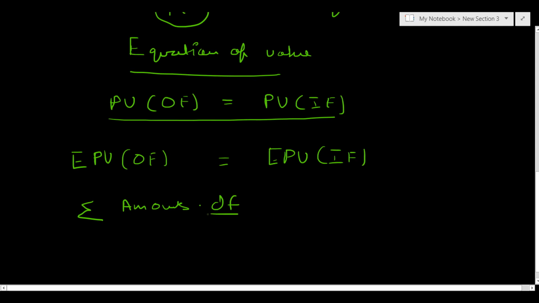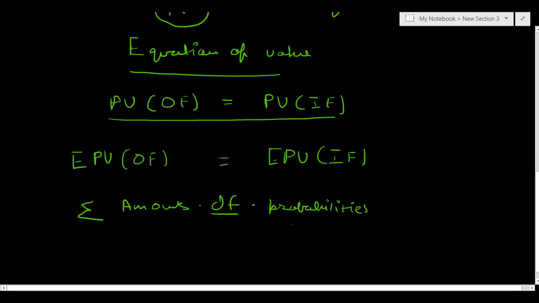I add all these amounts and get the present value of outflows or inflows, same thing. But here there are probabilities attached to these things. Since these are uncertain quantities, we will also be multiplying by the probabilities of these payments.